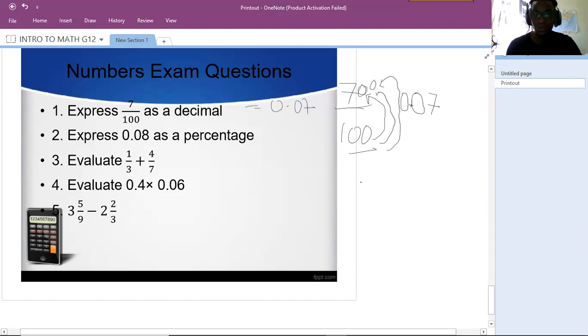So our answer there will be 0.07. Let's go through this again. We had 7 divided by 100. You say 100 divided into 7, it can't, right? So you add a zero there, then you add a zero there with a decimal point also. So for each zero, you're also adding a zero on the other side with the decimal point. Then you say 100 into 70, it can't.